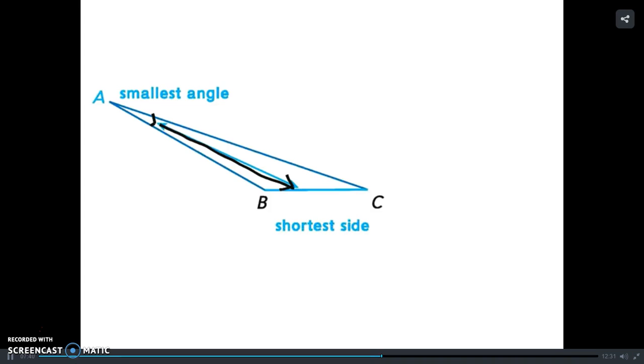But if you can get those, then the angle and the side that are left over go in the middle. So if we were trying to list the angles or sides in order largest to smallest, we could still do that, because the angle that's left over, in this case angle C, would be the medium angle, and the side across from it would be the medium side.